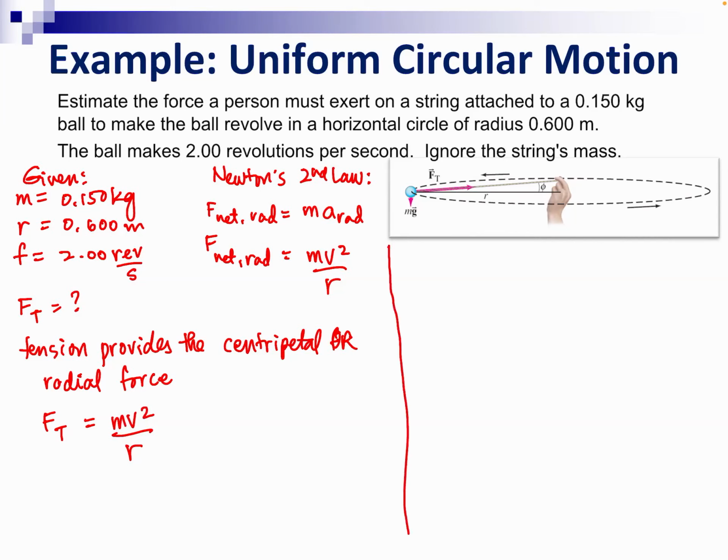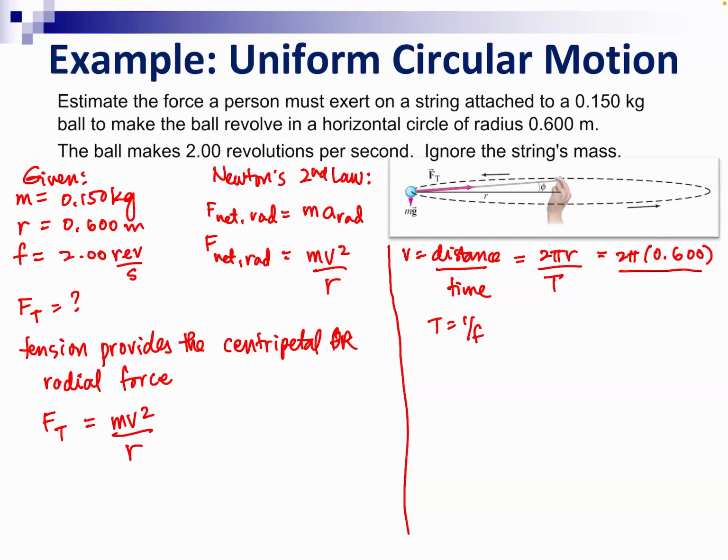I'll use this space. We know speed is equal to distance over time. The distance is the circumference of the circle, 2 pi r, over the time, which will be the period. We can calculate the circumference given the radius. And the period is equal to the inverse of the frequency.